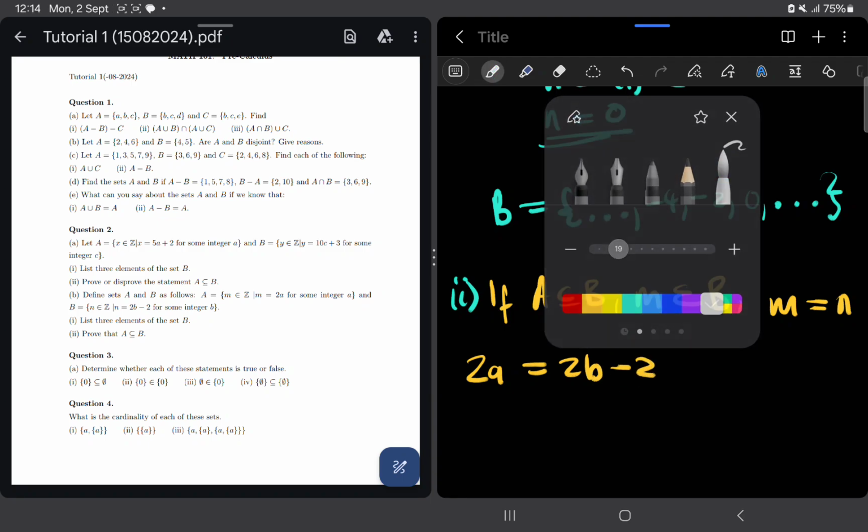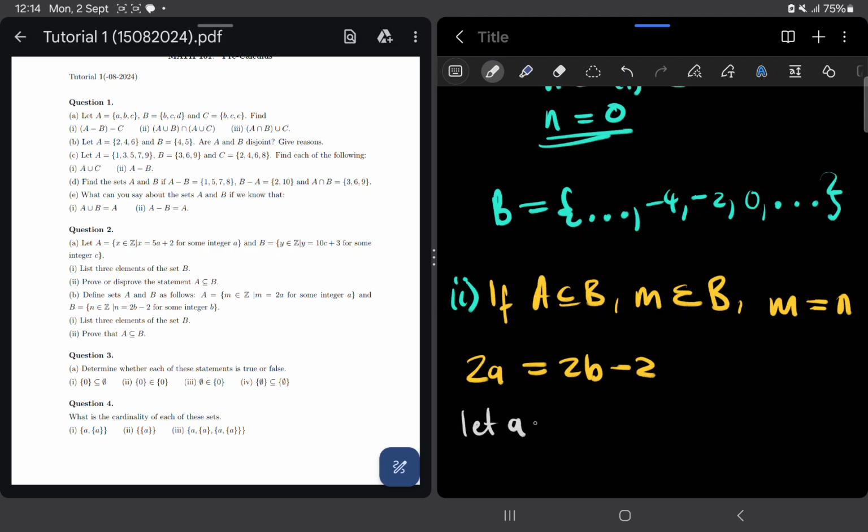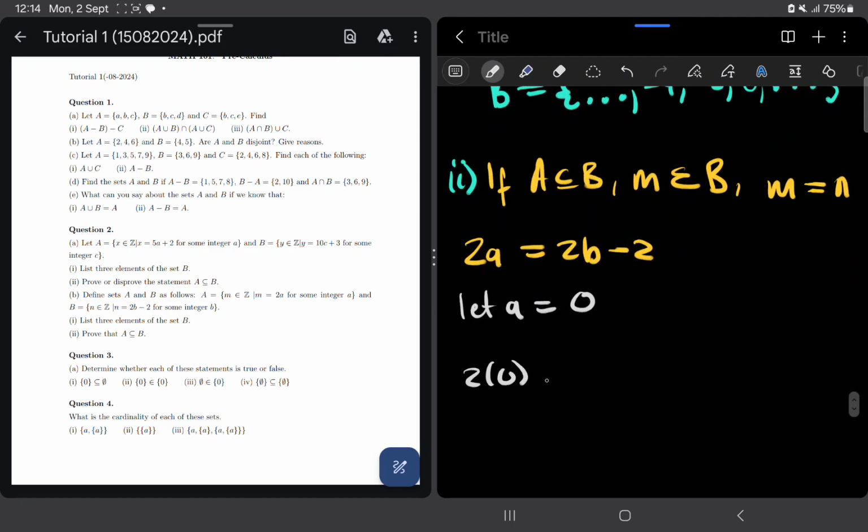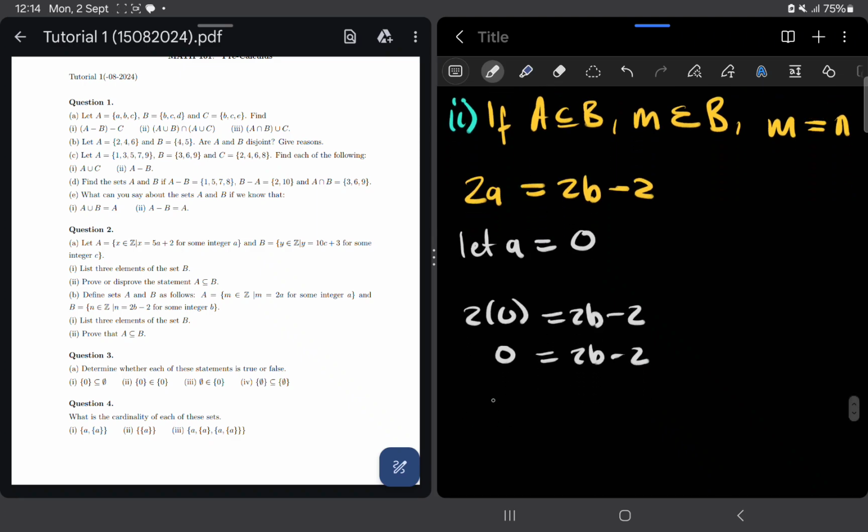Then you choose a value. You say let a be equal to some integer, 0. Then you'd now say 2 times 0 is equal to 2b minus 2. 2 times 0 is 0, is equal to 2b minus 2. Minus 2 goes to the other side. You get 2 is equal to 2b.